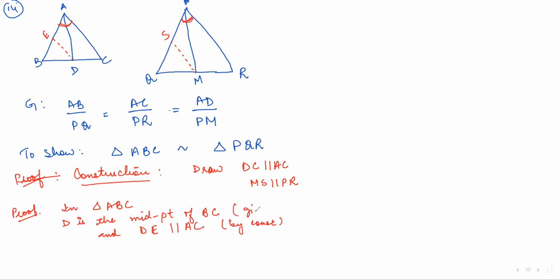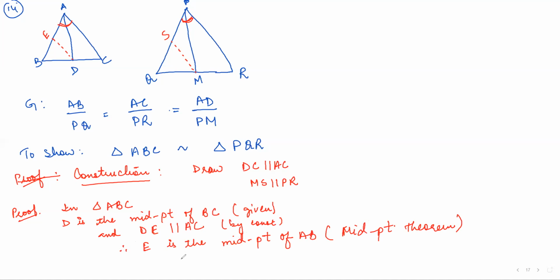This is given. All right. So I can say, therefore, E is the midpoint of AB. How can I say? From midpoint theorem. Understood?